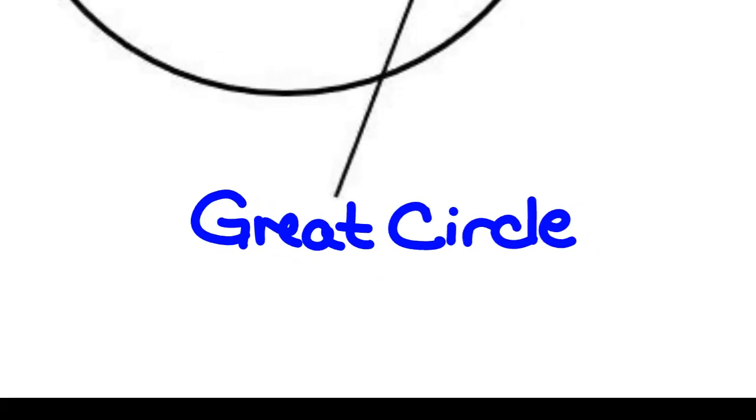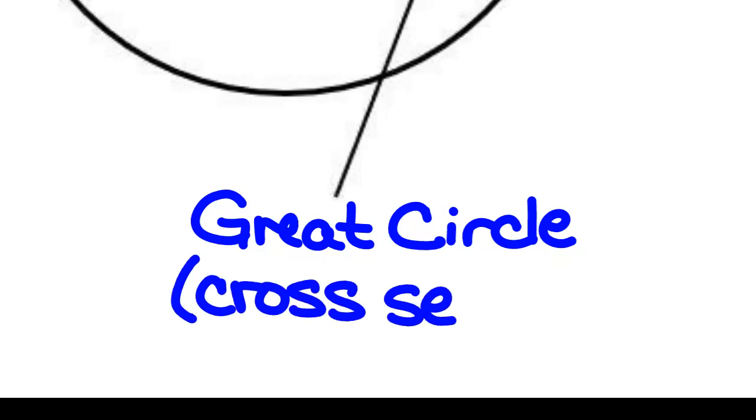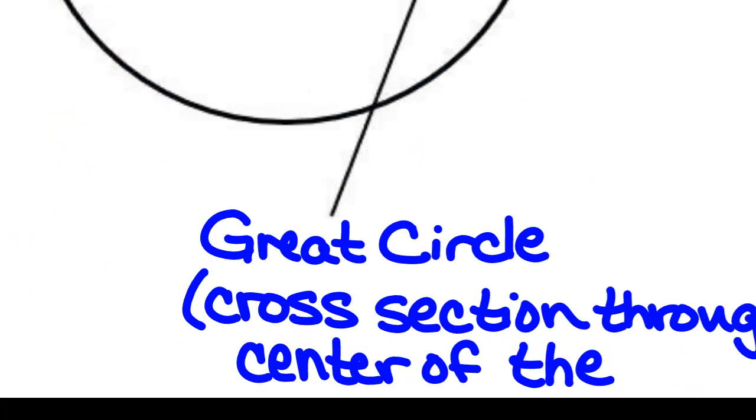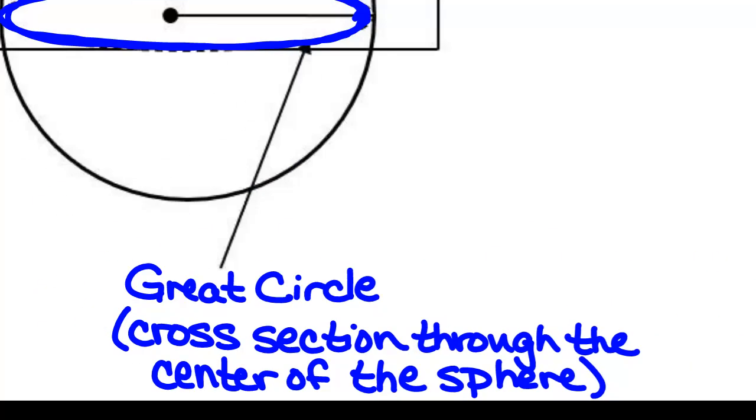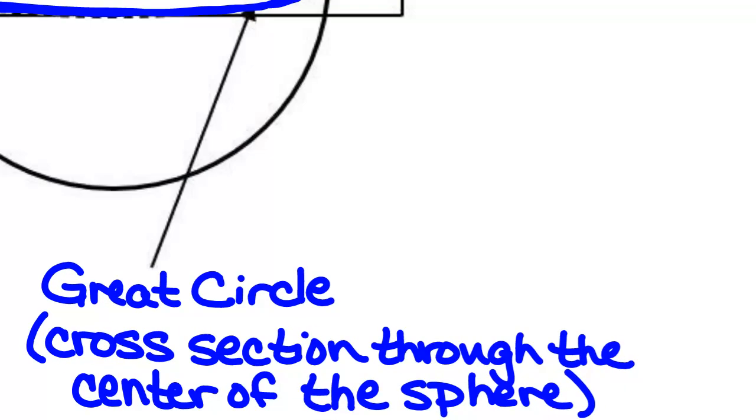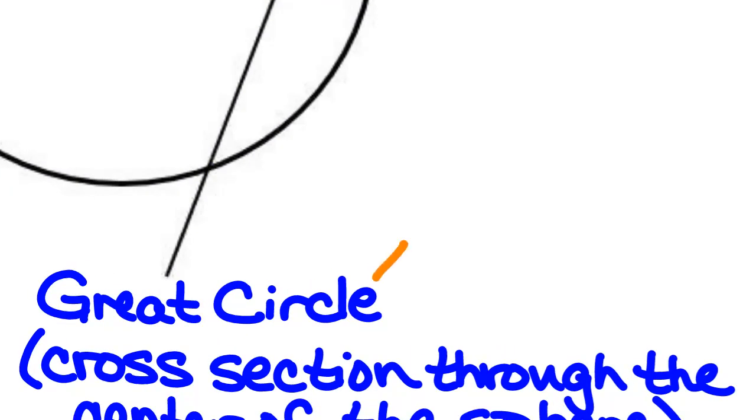This is a cross section through the center of the sphere. The great circle cuts my sphere into two hemispheres.